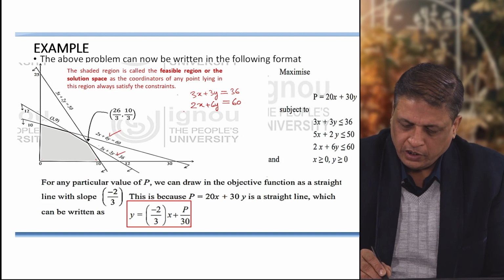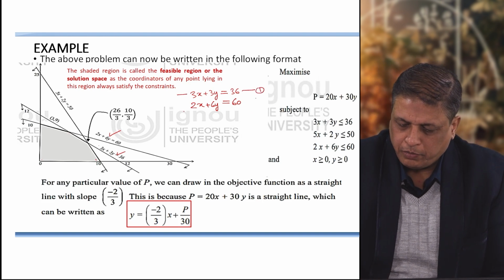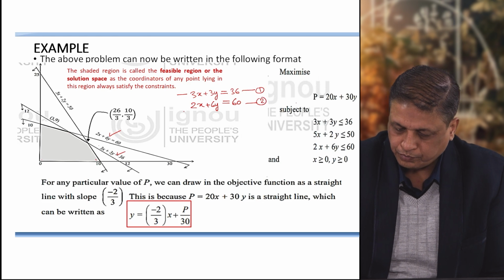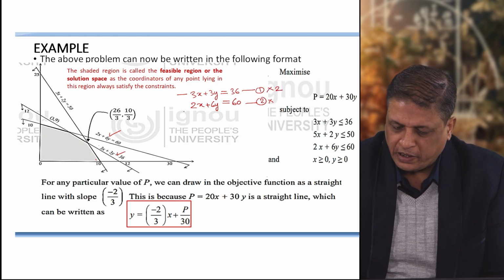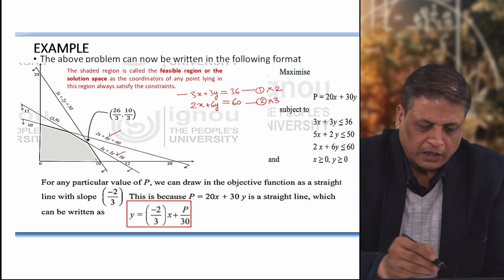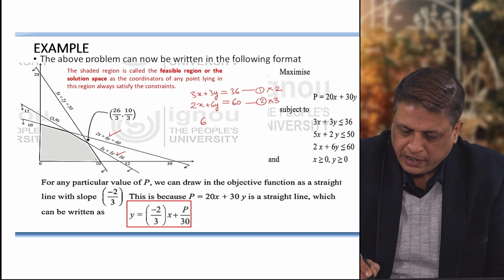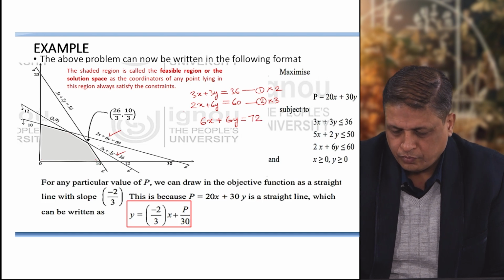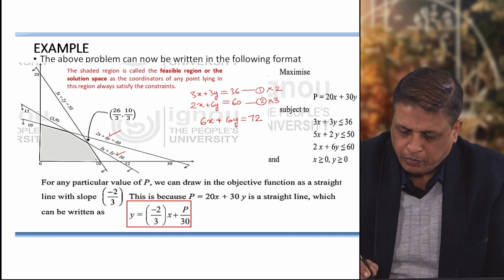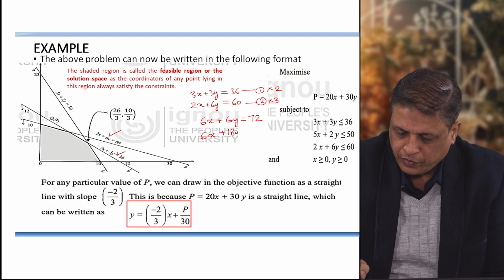Now, this is equation number 1, this is equation number 2. Multiply equation number 1 by 2 and equation 2 by 3. You will get equation 3: 6x plus 6y is equal to 72, and multiplying the second equation by 3, you will get equation 4: 6x plus 18y is equal to 180.